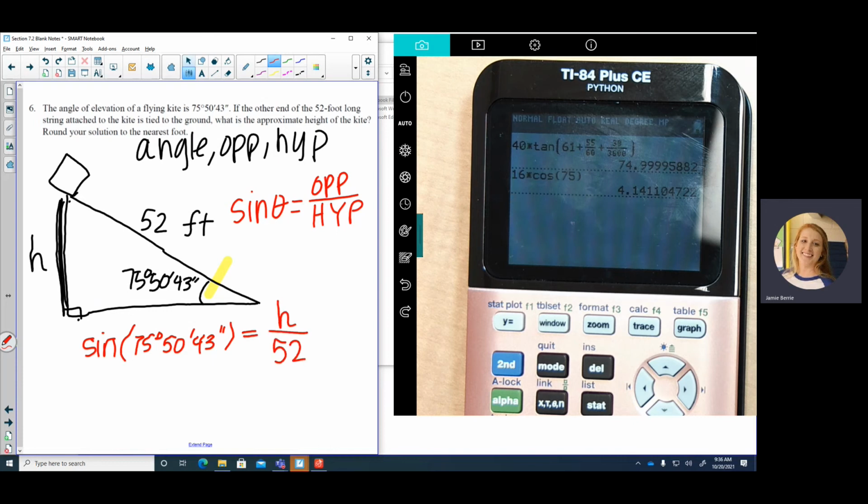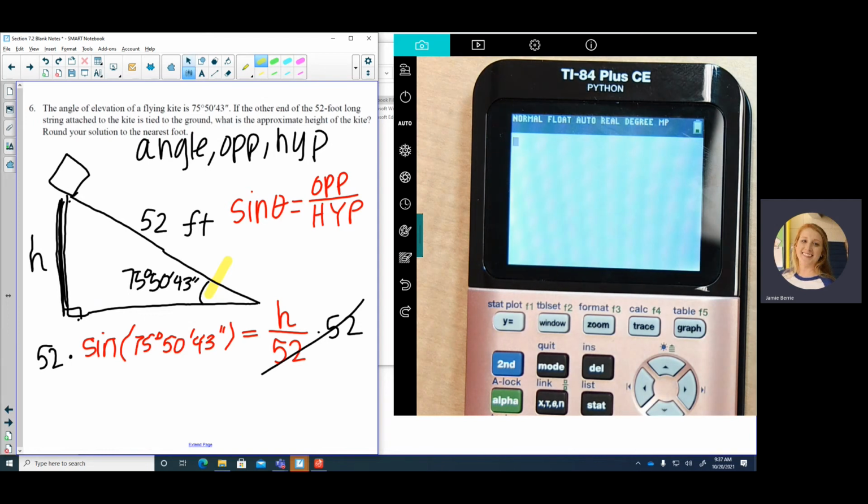All right, so same thing as before. We just multiply both sides by 52 to get H by itself. It's going to cancel out on the right-hand side. As we're typing this in, we're going to convert it from degrees, minutes, seconds over to decimal notation. Make sure you're in degree mode. We are. So 52 times sine of 75 degrees plus 50 over 60 plus 43 over 3,600.